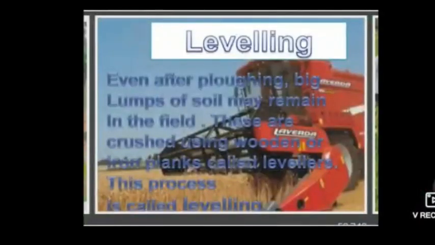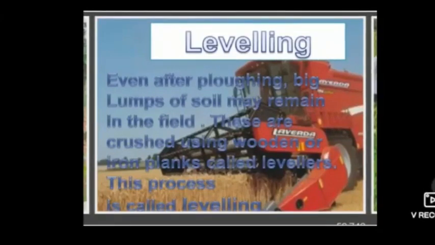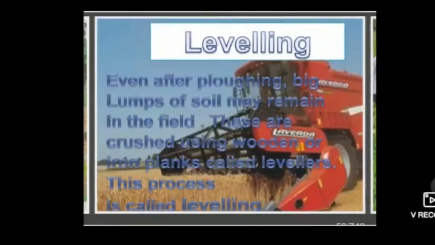After that, leveling. Even after plowing, big lumps of soil may remain in the field. These are crushed using a wooden or iron plank called a leveler, and this process is called leveling. The process of making the soil surface even and smooth is called leveling, and it is done by a leveler.